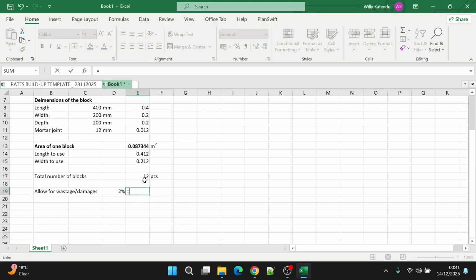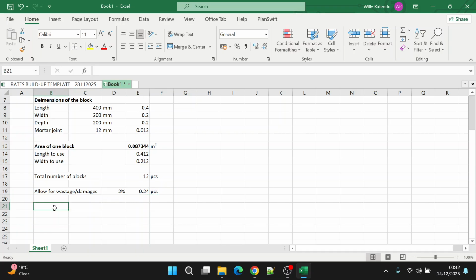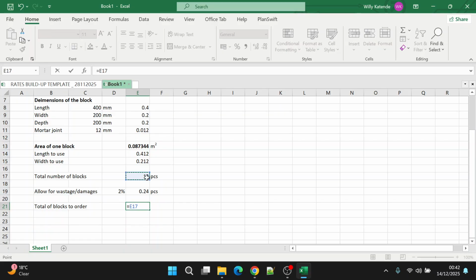So this will equal to 12 times 2%. So we are allowing 0.24 pieces per square meter. So if you add this up, total number of blocks to order for our work will be equal to 12 plus 0.24 pieces.